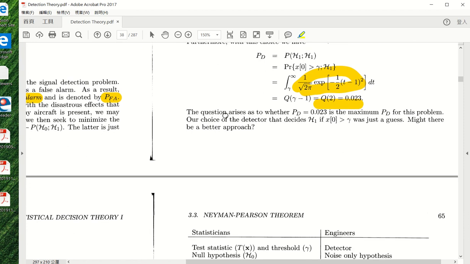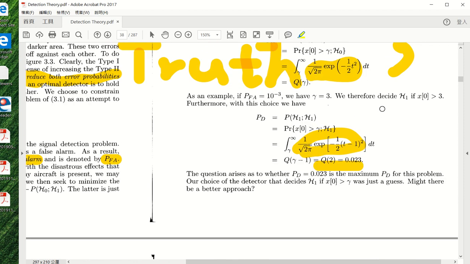So now here comes the question. The question arises as to whether this PD is the maximum PD for this problem. Our choice of the detector decides H1 if this is just a guess. Will there be a better approach, right?